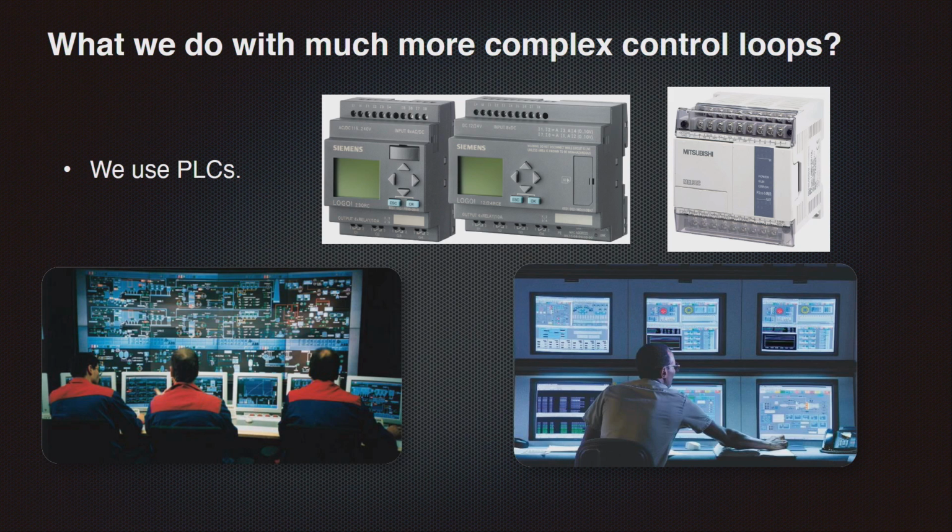You can see some of those here and some operators sitting in front of those. There is a wealth of data which can be potentially displayed to those operators, and a lot of detail that they have to take care of. But in order to get this data, we have to have actual sensor information that comes to those places, and this is not as trivial as you can probably imagine.